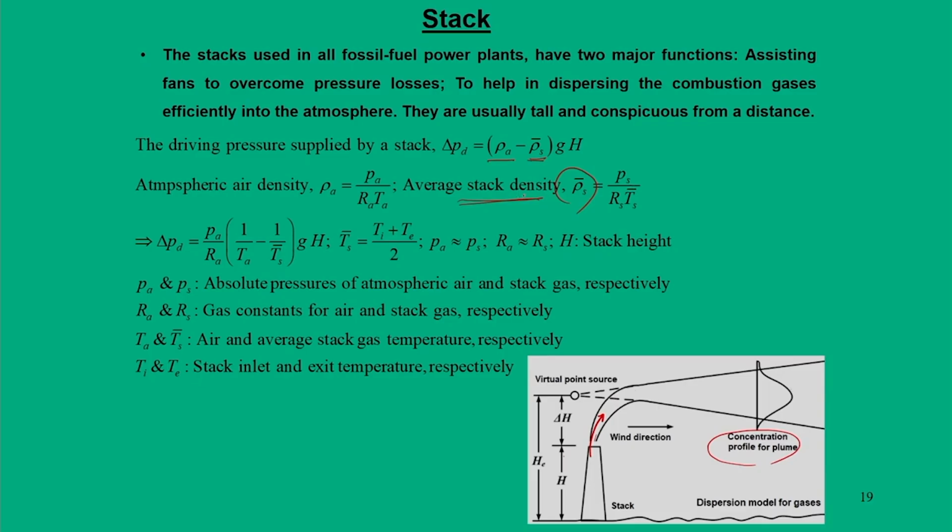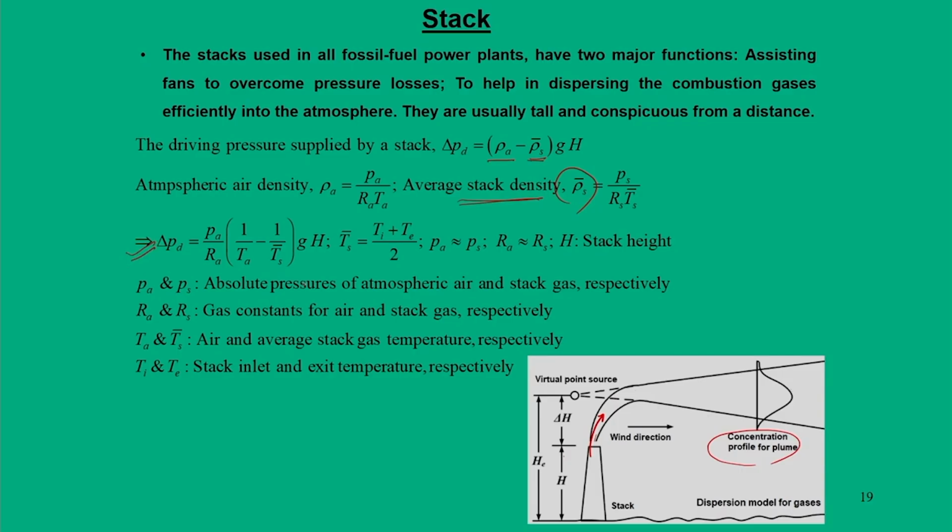Even for stack density, it is with respect to stack pressure, gas constant of the stack and average stack temperature. So, they can be related through ideal gas equations, and ultimately we can frame the requirement of the pressure differential for the stack.